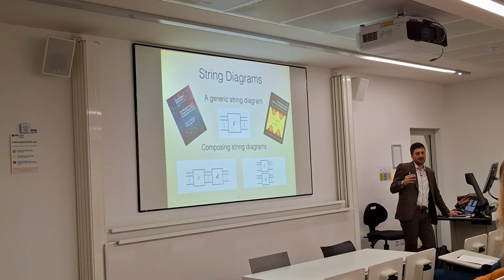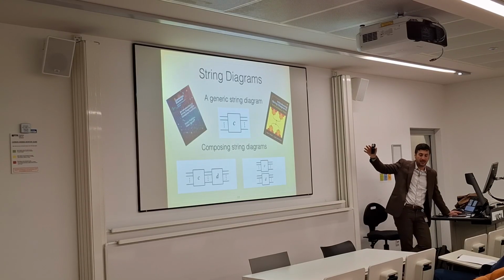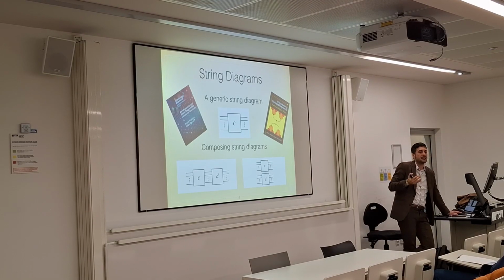And these are the interfaces. Sometimes the process is a function, so you can think of the ones on the left as inputs and the ones on the right as outputs, but some other times it's not necessarily a function, it could be a relation, for instance. So it's best to leave it not committed to a specific interpretation.